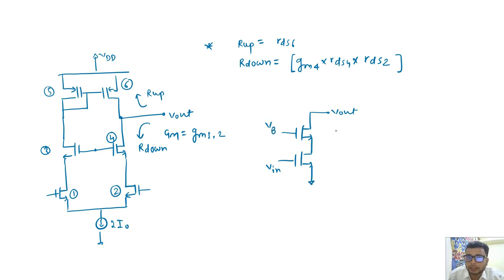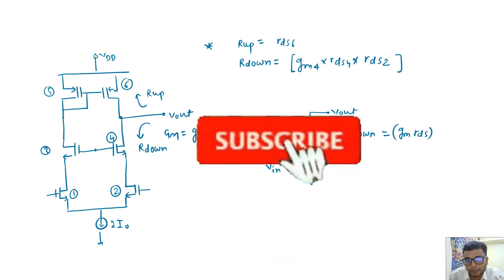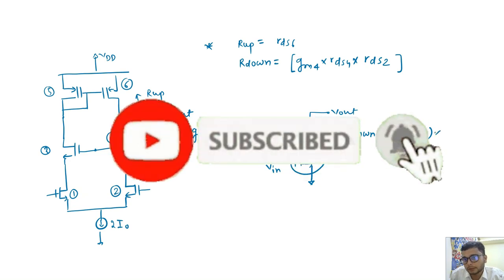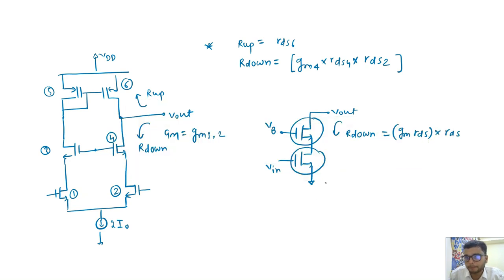So for this particular structure, if we calculate the R down, it comes gm times RDS of this transistor times this resistor, which is again RDS.